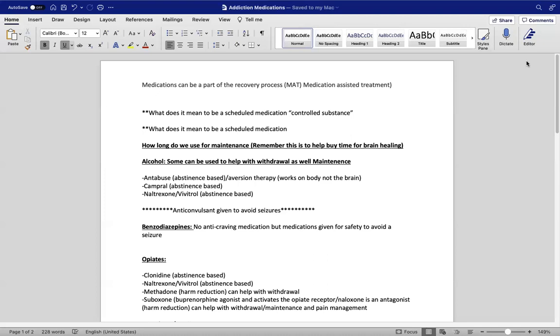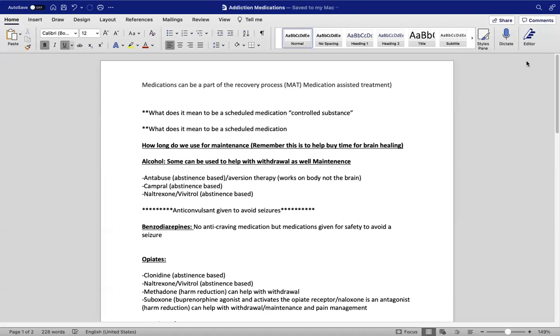That would be an example of Adderall. I'm not saying that Adderall is a bad medication. I'm saying it has the potential to be, based upon the amount of dopamine that can be released if it is taken in a certain manner. And then we go to Schedule 3, which is supposed to be less potentially addictive than Schedule 2.